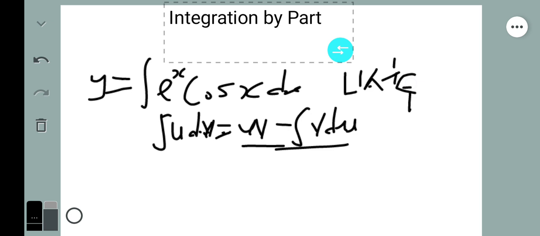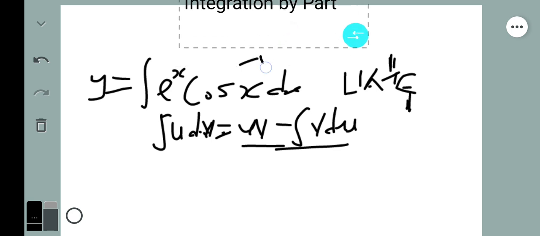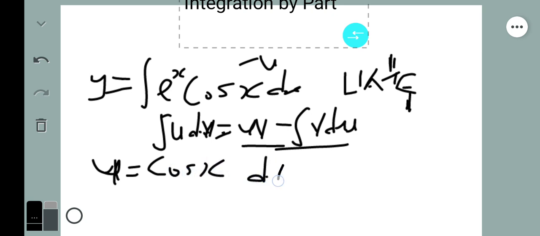According to the LIATE rule, trigonometry comes before exponential. That means our u is cos x, and since cos x is our u, our dv is exponential x. So u is equal to cos x, and dv is equal to exponential x.